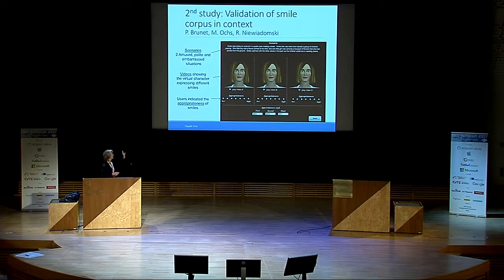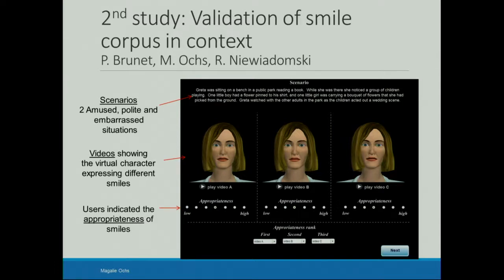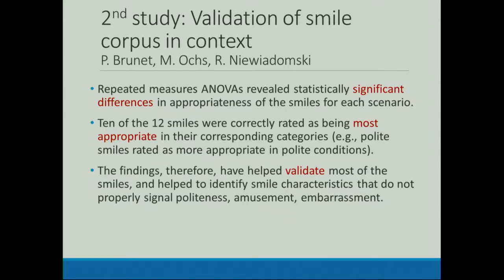So it was a very simple interface. We had the scenario on the top, the different videos that were shown, and we asked participants to rate the appropriateness of the different smiles associated with each scenario. After that, we could apply some statistical measures, and we found that 10 out of the 12 smiles that we considered for these studies were rated appropriate to the corresponding categories.